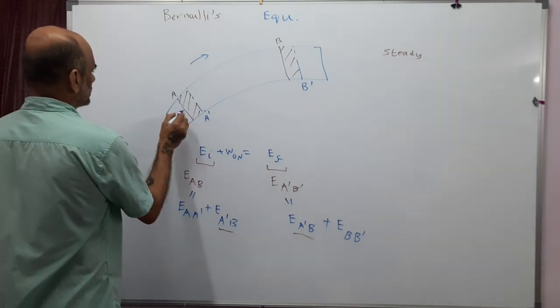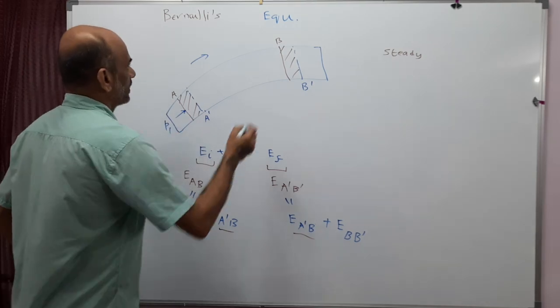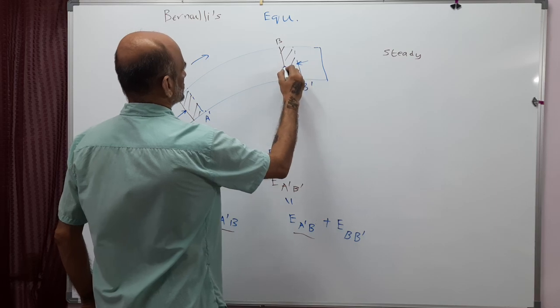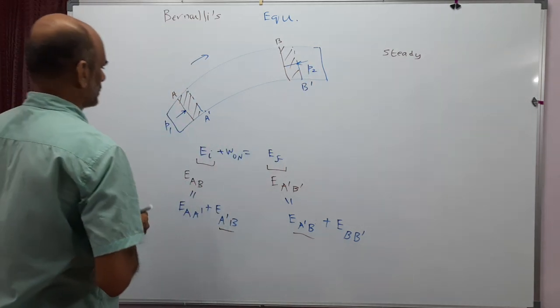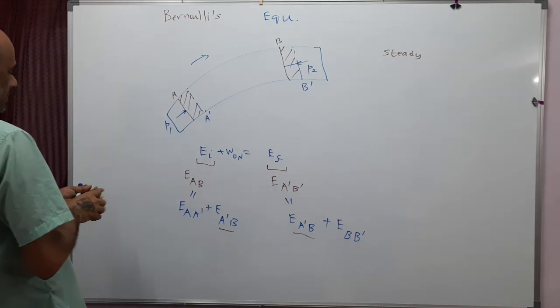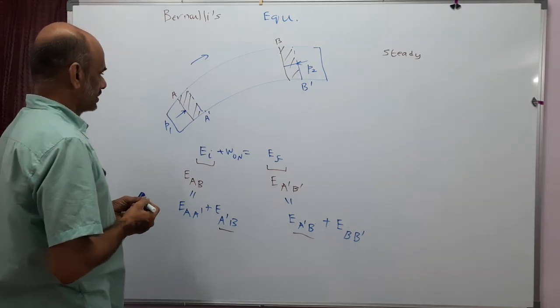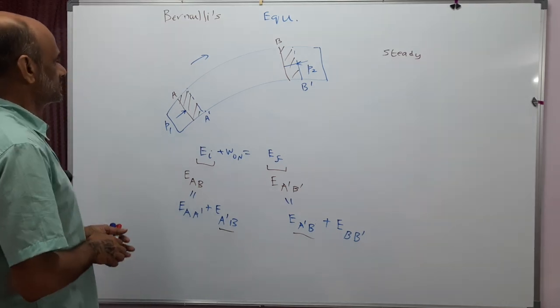So here the pressure acting on the liquid is say P1, and here the pressure acting on this liquid is P2. So work done is force into displacement. Force is pressure into area, and work done is force into displacement.